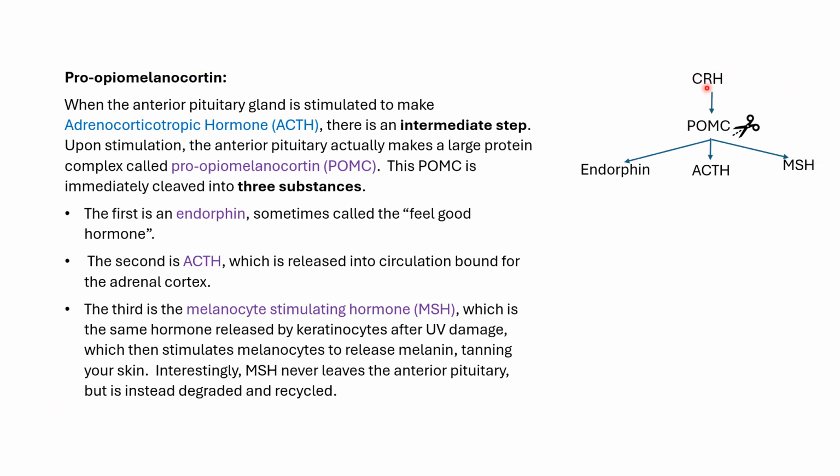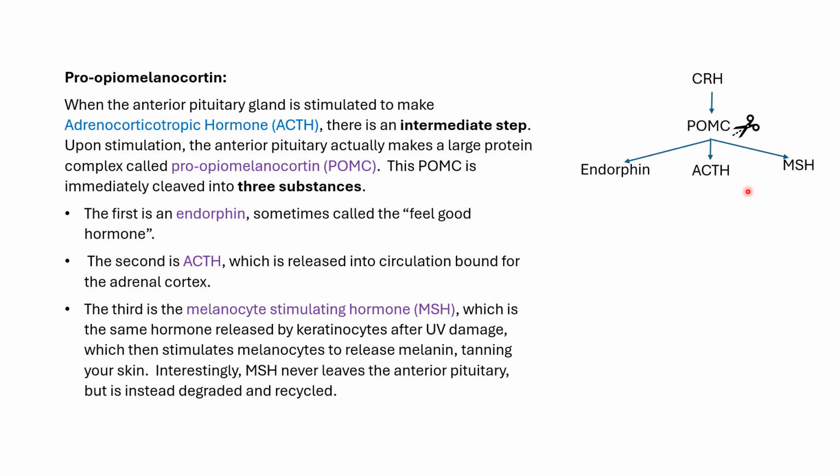Under the influence of CRH, before the production of ACTH, a bigger molecule is made. That bigger molecule is known as POMC, pro-opiomelanocortin. This POMC is split into three compounds. One is endorphins. Endorphins are the feel-good hormone.